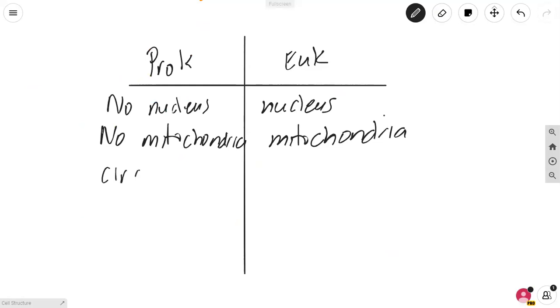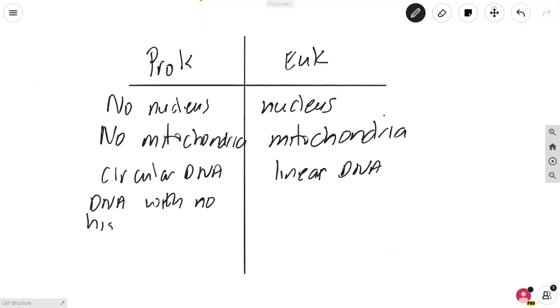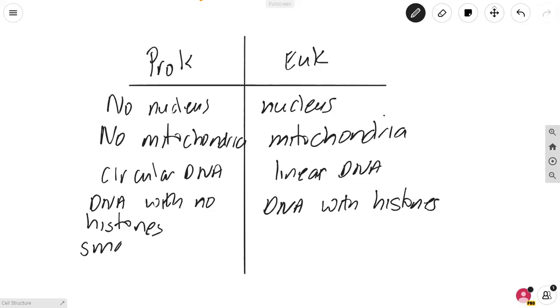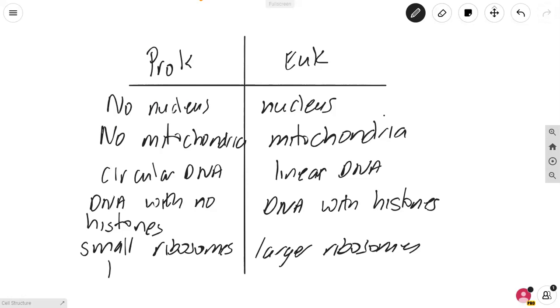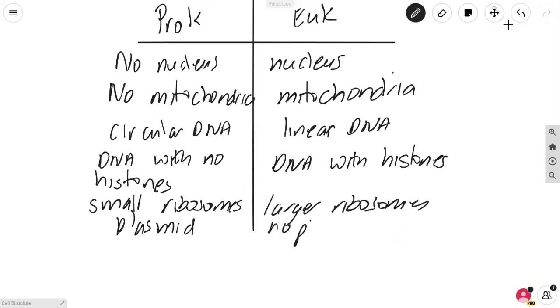We could talk about circular DNA versus linear DNA, DNA with no proteins versus DNA with histones, those are the names of the proteins, small ribosomes versus larger ribosomes, plasmid versus no plasmid, flagella versus no flagella.